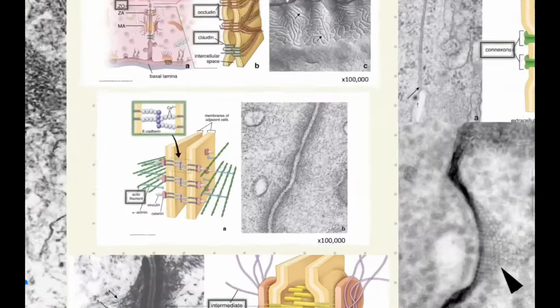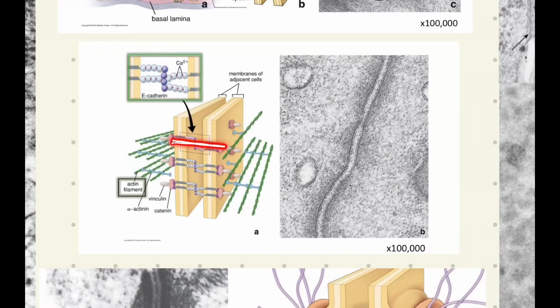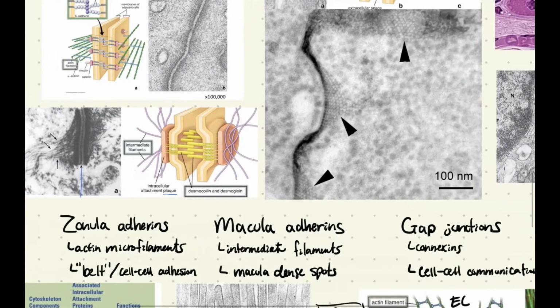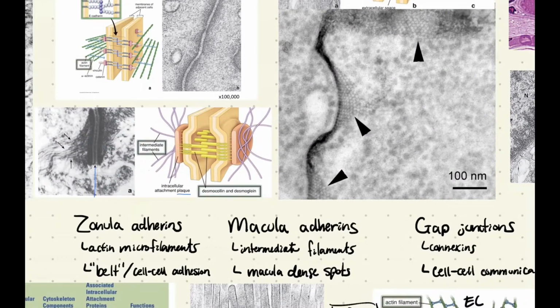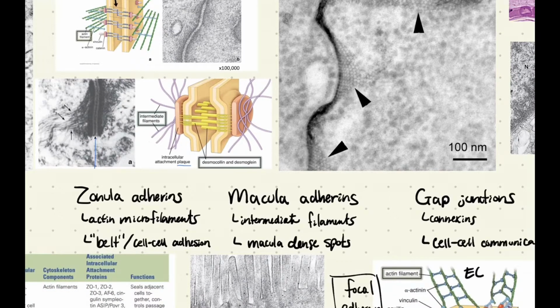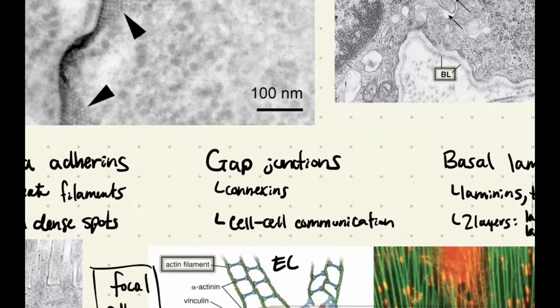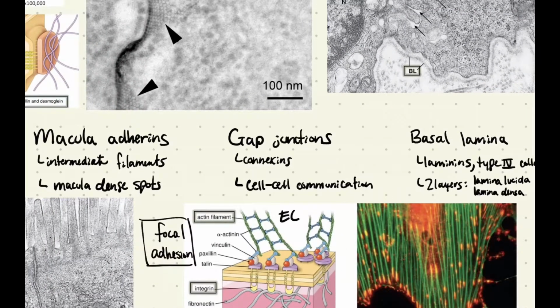So if you look back, this is kind of a belt because it's transmembrane, but it essentially functions as cell-to-cell adhesion, right? And then macula adherens essentially does the same thing, but with desmosomes, and it anchors itself to intermediate filaments. Okay. Gap junctions are characterized by connexins.